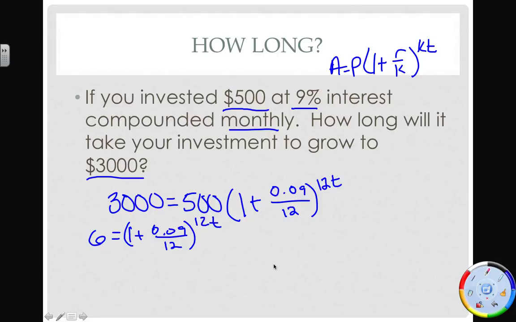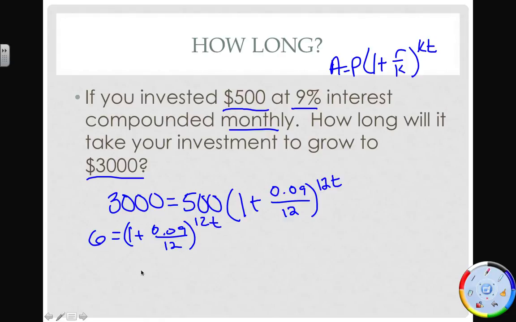Now, you might be struggling here and trying to figure out, how do I get rid of this thing so I can get the exponent by itself? Well, through our laws of logarithms, we recall if we take the log of both sides, we can cancel out the exponential.